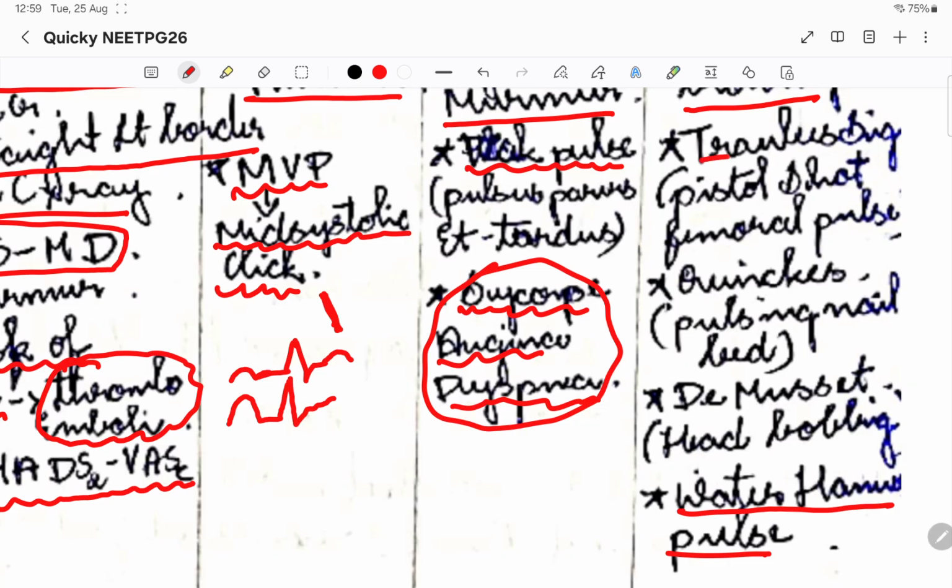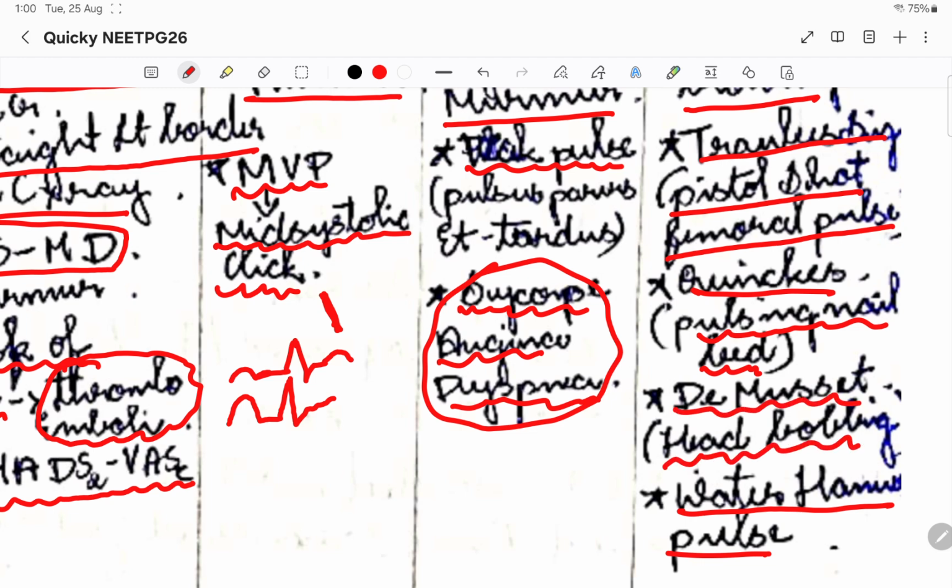Then Traube's sign, which is like a pistol shot femoral pulse. Basically everything is happening because of the regurgitation. It is like pulling back the blood again. So that is why we'll get to see all this. Then Quincke's sign will be pulsating nail bed. Then De Musset's sign will be head bobbing.